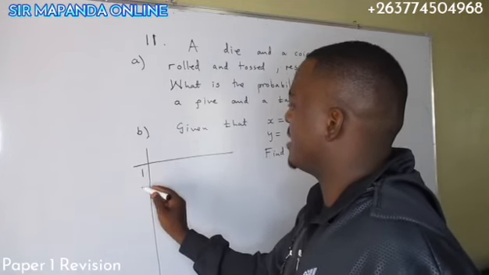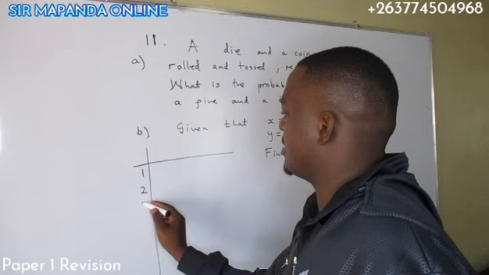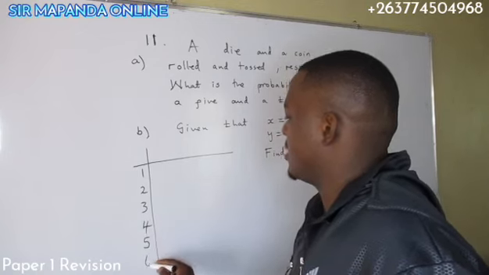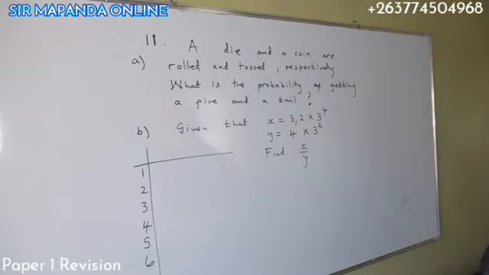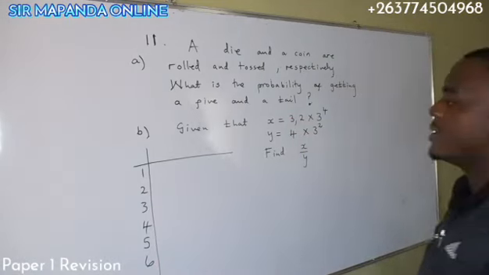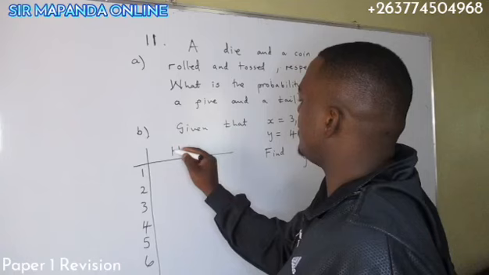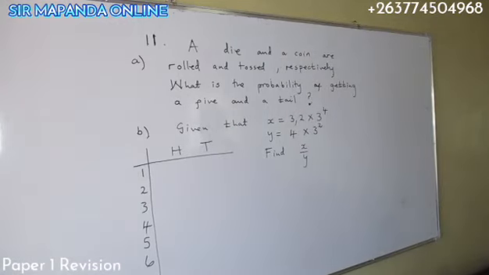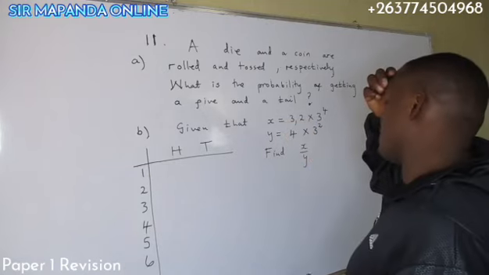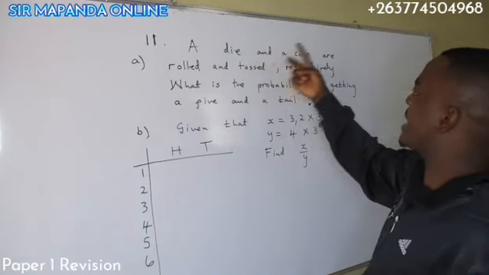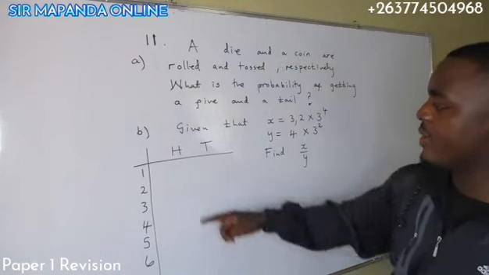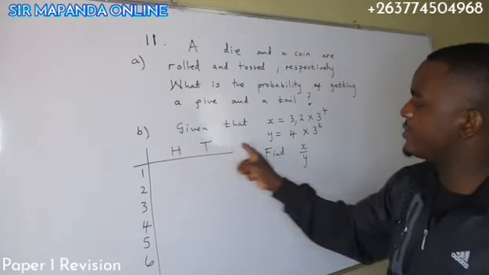Remember, an unbiased die is numbered from 1 to 6. So you are going to write 1, 2, 3, 4, 5 up to 6. Then for the coin, you have a head and a tail. So if the question reads 2 dice are thrown or 2 dice are tossed, you are going to number 1 to 6, then you number 1 to 6.